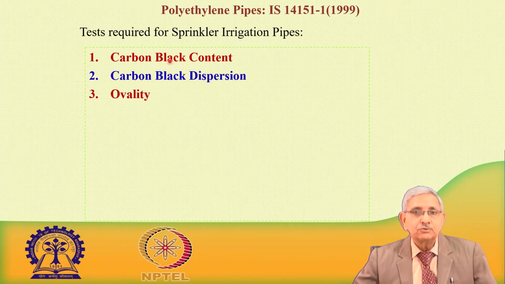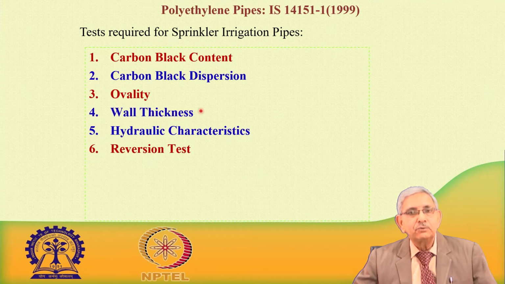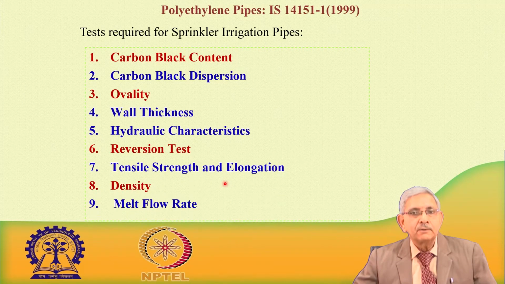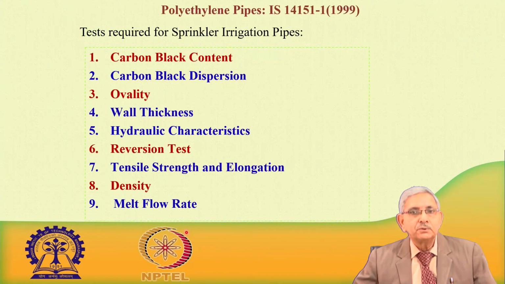Then another test is to find out whether it has uniform wall thickness. Then the hydraulic characteristic curve, the reversion test, the tensile strength test for elongation, and then the density test and melt flow rate test. So, these are the 9 tests which have been suggested for sprinkler irrigation pipes.